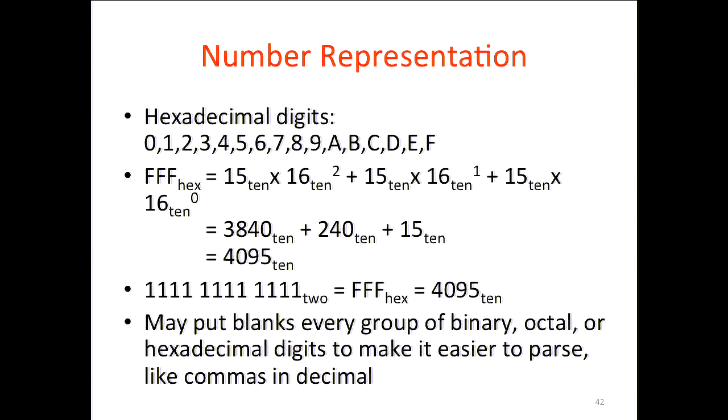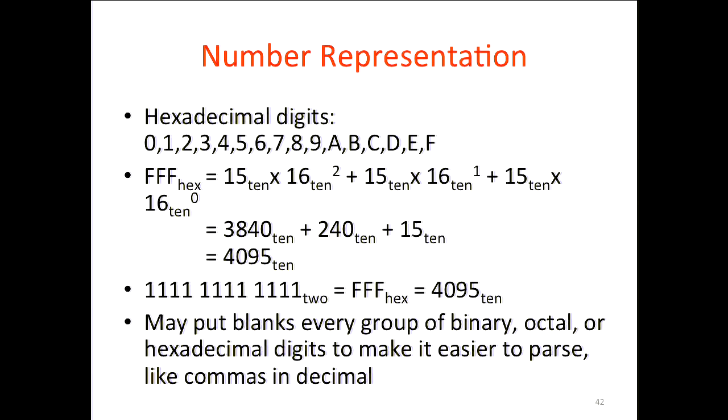And the last one is 15, but the weight of the rightmost place is really just 16 to the 0. It's the units place, right? And then you can sum them all up. Now we're summing a hex number. We've transitioned it to the decimal base, and we find an equivalent, which in this case is 4,095.